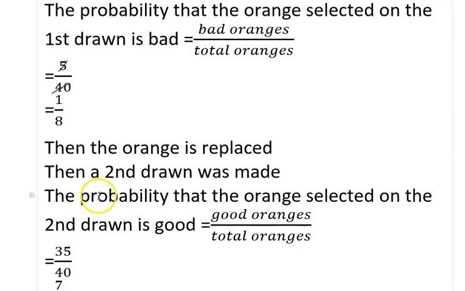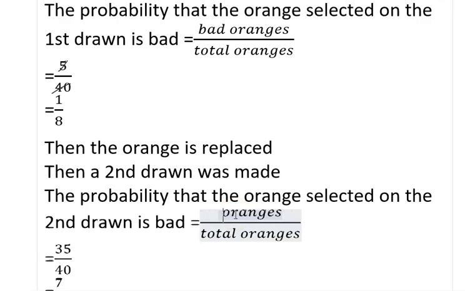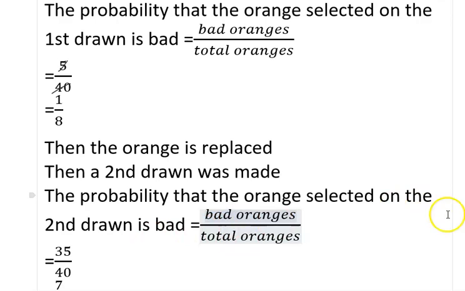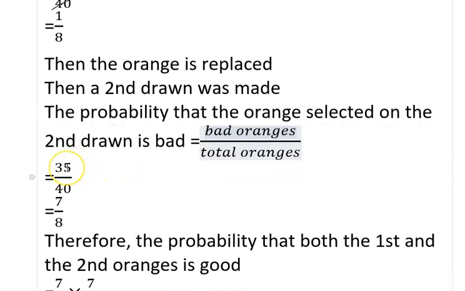The probability that the orange selected on the second drawn is bad now, because we replace it, with bad oranges over total oranges. So bad oranges, we have how many of them?